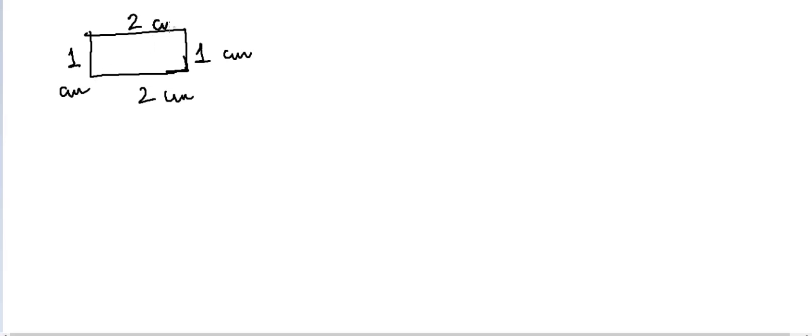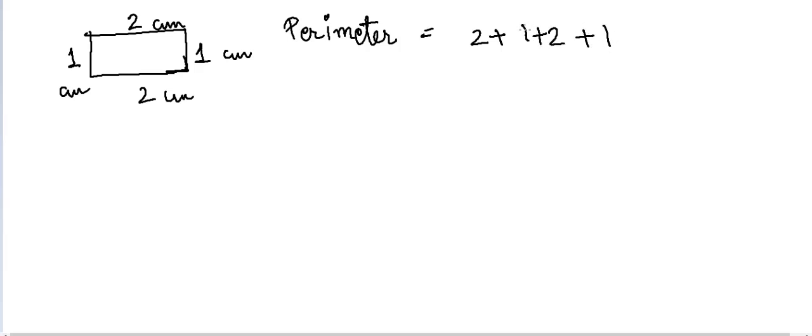For perimeter, we are just going to add the sides. So I will add 2 plus 1 plus 2 plus 1. It's 2, 4, and 6. The answer is 6 centimeter.